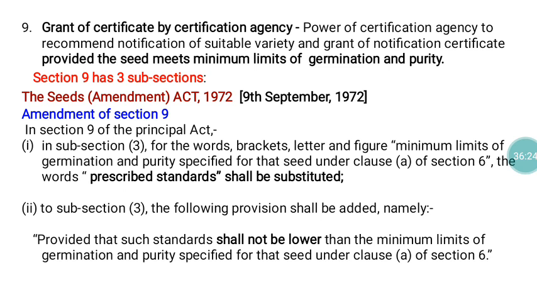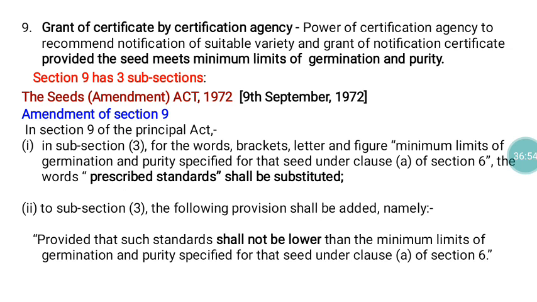If the seeds fulfill those criteria, then as per section 9 the certification agency can give certificates. Section 9 has three subsections, and some additions were carried out through an amendment on 9th September 1972.